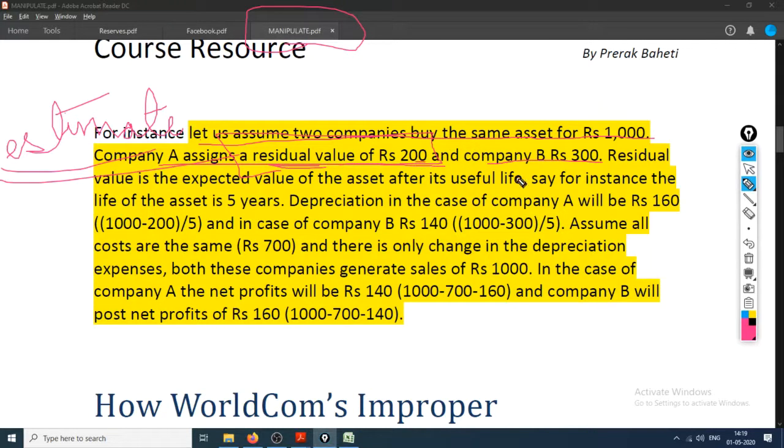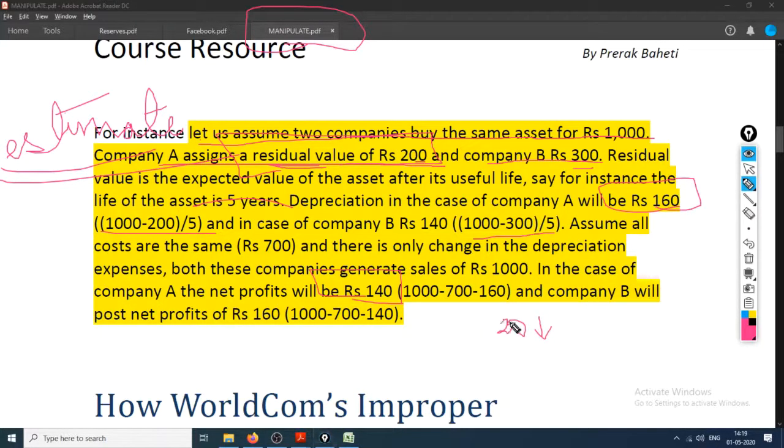For 200 and 300 the depreciation will be different: 1000 minus 300 divided by 5, useful life being 5 years, and 1000 minus 200 divided by 5. Hence every year depreciation for company A will be 160, while for company B it will be 140. Hence company B has deflated profits by rupees 20.